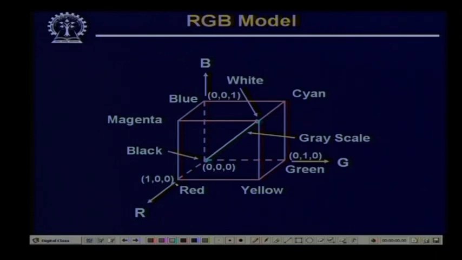The red color is placed at location 1 0 0, where the red component is equal to 1, green component is equal to 0 and blue component is also equal to 0. Green is located at location 0 1 0, where both red and blue components are equal to 0 and the green component is equal to 1, and blue is located at the vertex location 0 0 1, where both red and green components are equal to 0 and blue component is equal to 1.